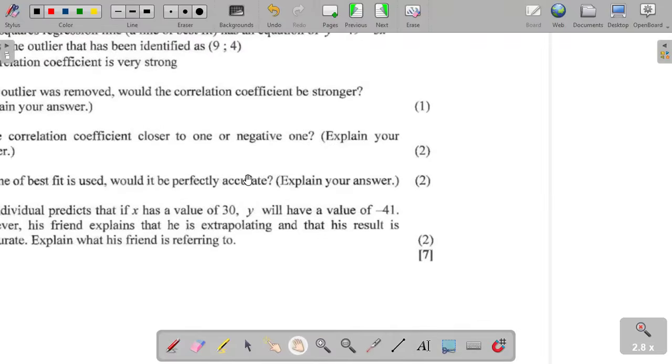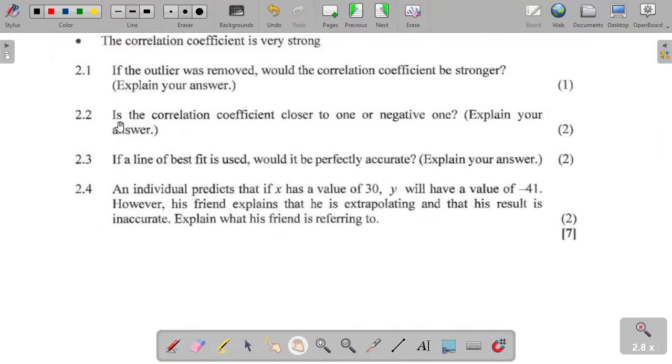Is the correlation coefficient closer to 1 or -1? Explain your answer.